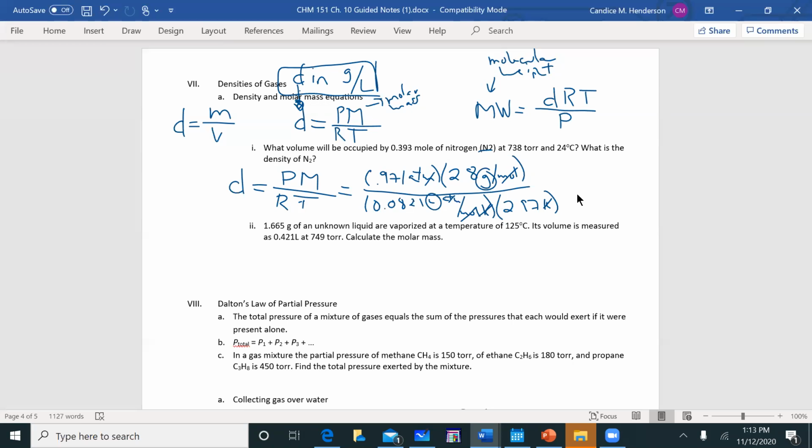Running that through your calculator, you get 1.11, and the units are grams per liter. So that would be our density.